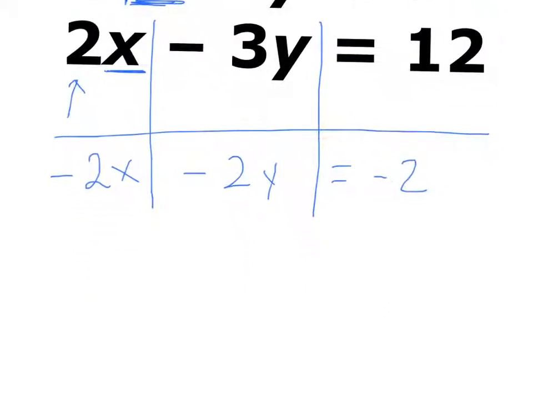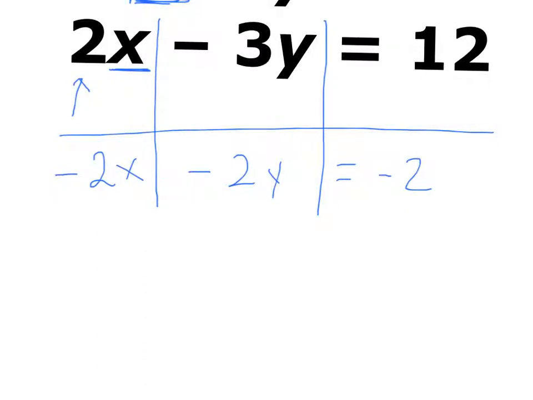If you add these, 2x plus -2x gives you 0. They cancel out. -3y plus -2y would give us -5y. And 12 plus -2 would give us 10.